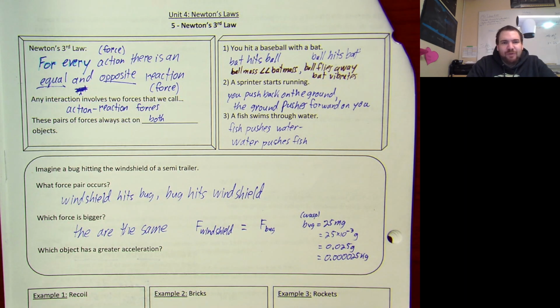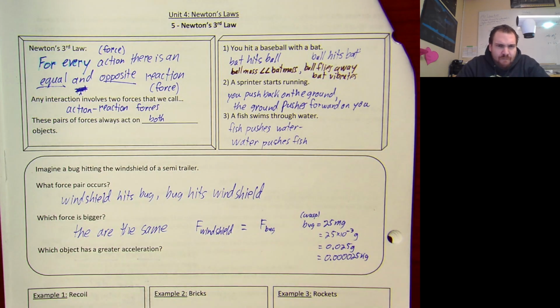Now, the windshield is not so much an issue because the windshield's certainly problematic. But the bigger issue is what's the windshield connected to? Nope, a semi. Now, a mass of a loaded semi, yeah, it really is.